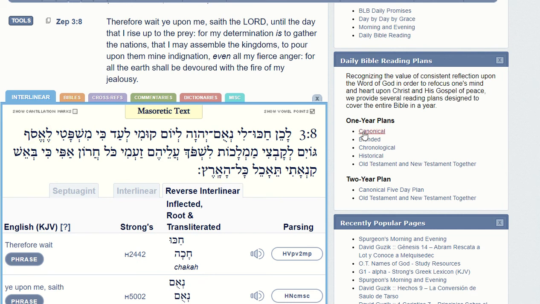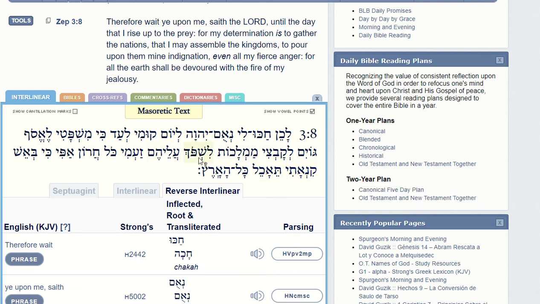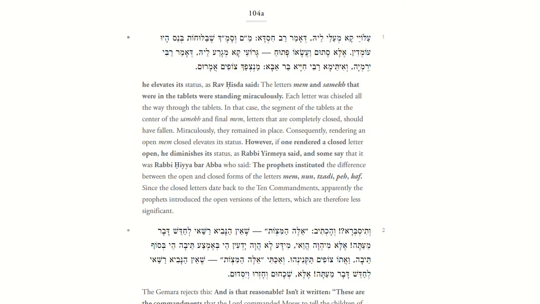As I'm doing the presentation option here, unfortunately, it's going to pop up with a couple things, which is actually kind of cool. I have to remember that it does that. What I'm going to do is point out each of the letters as we go. So let's back up and start reading. This is Tractate Shabbat 104a.